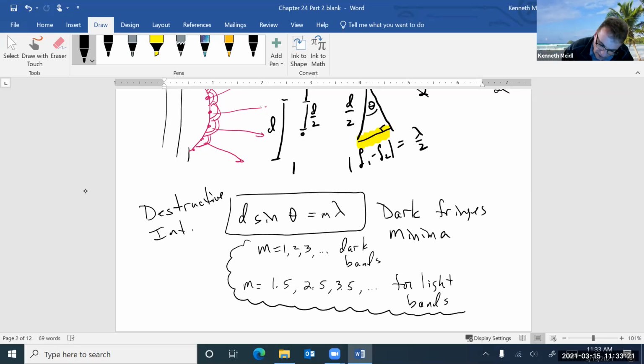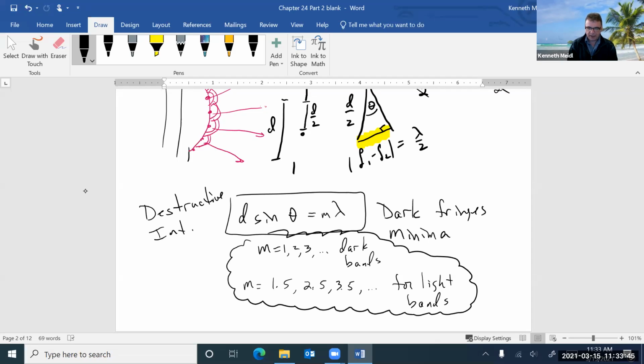So, what I usually end up doing is remembering that d times the sine of that angle equals m times lambda gives you bright fringes in the double slit experiment. That same condition, d sine theta equals m lambda, also gives you bright spots in the diffraction grating.